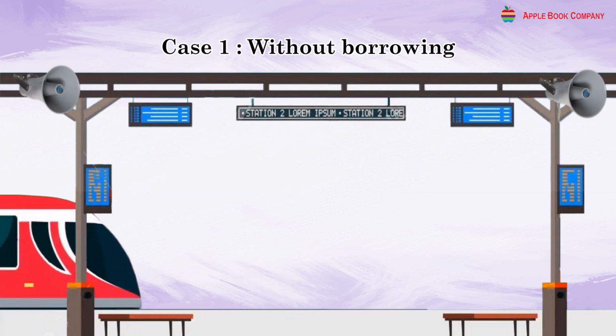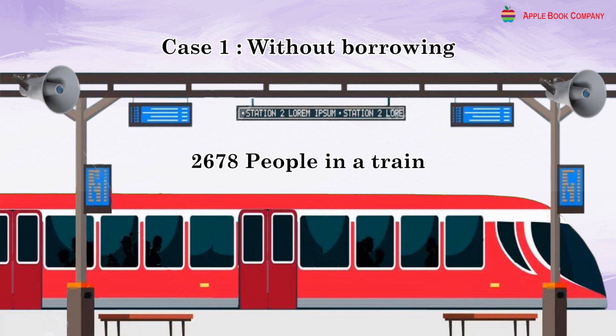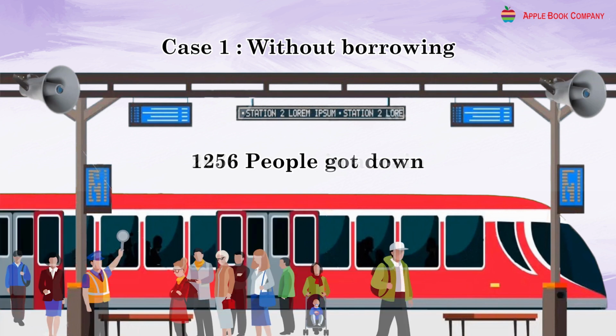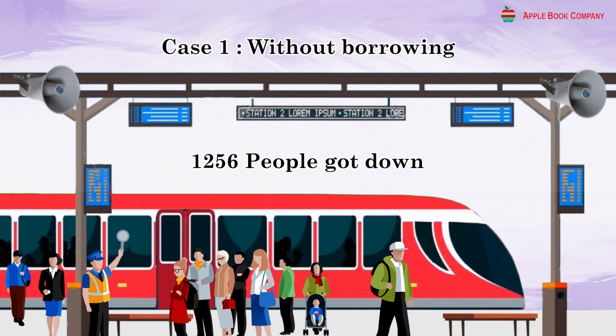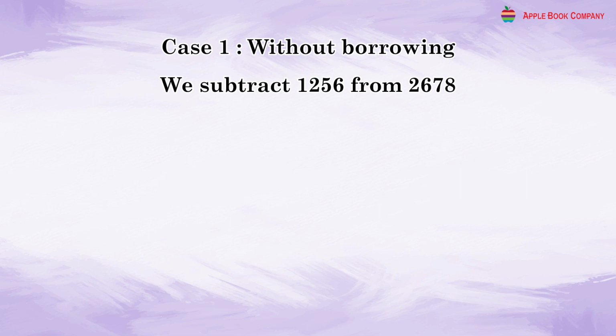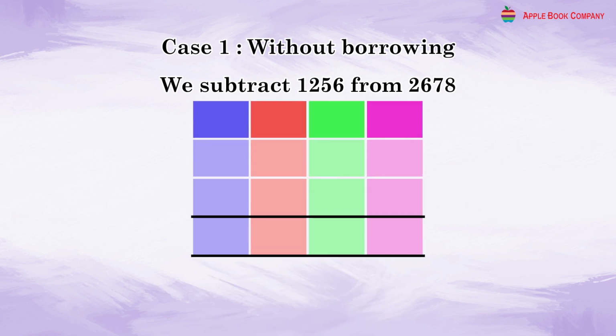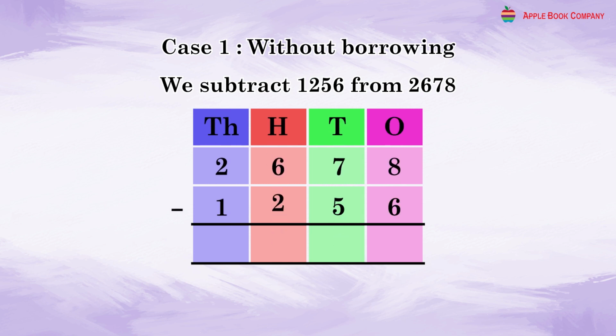Let's see an example. There were 2,678 people in a train. At a station, 1,256 people got down. How many people were left in the train? We subtract 1256 from 2678. First, arrange the numbers in column form and start subtracting from ones.